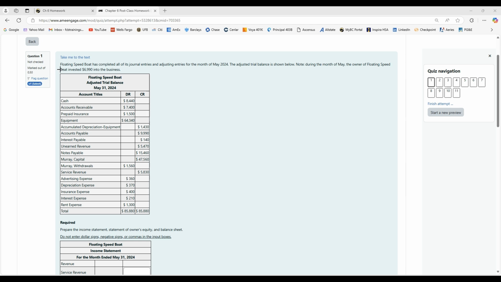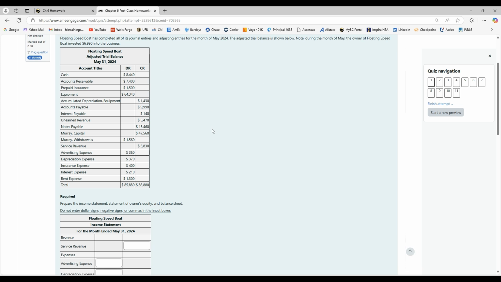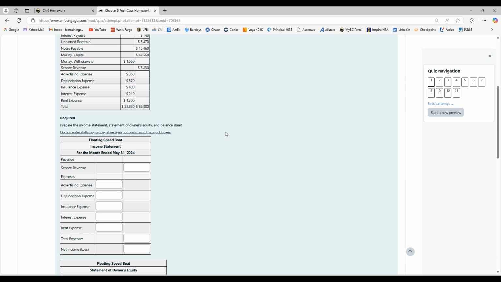So to start, I'm going to take a screenshot here so I can see the trial balance and this information a little bit easier. One thing to note too as we go, it's not just the trial balance, but we have to keep in mind that they're telling us that this amount in capital includes a $6,990 investment that was made into the business during the month of May, basically. So that will figure in the statement of owner's equity.